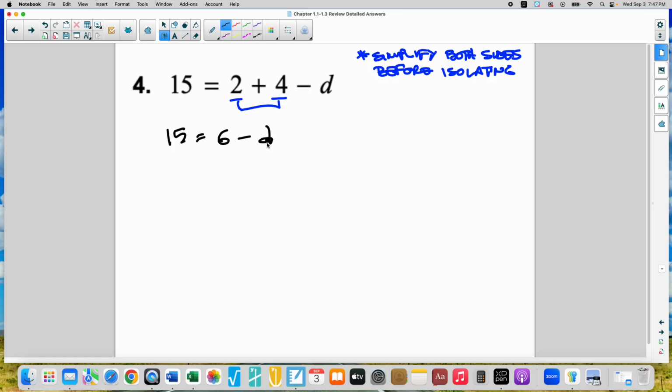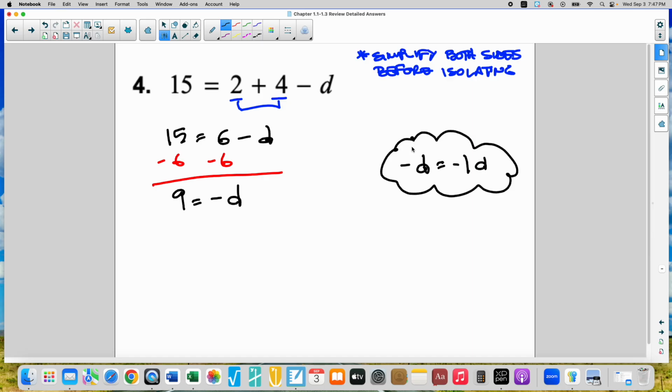Now that negative is with the d. This is a positive 6. What gets rid of a positive 6 is a negative 6, so we need to remember to subtract. 15 minus 6 is 9 equals negative d. Remember that negative. And also remember, negative d is equal to negative 1d. That's an important idea to remember.